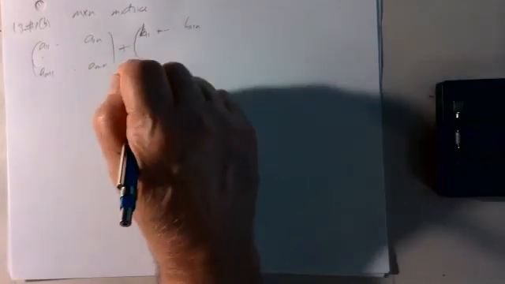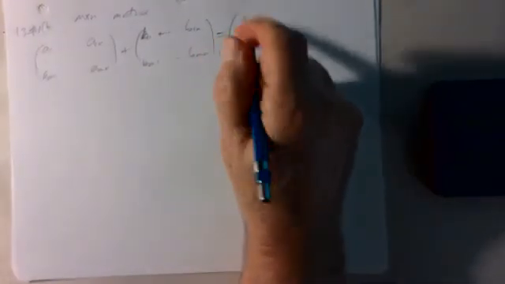If you have a matrix A11 up to A1n and so on down to AM1 up to AMN, these are m by n matrices, so they have to have the same shape. We just define addition coordinate-wise.